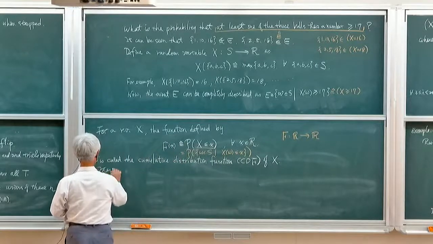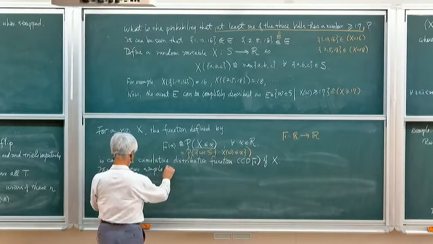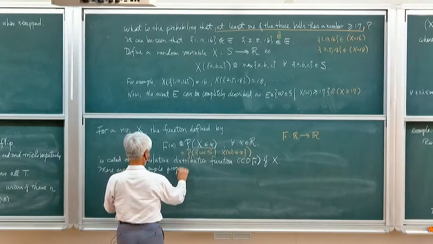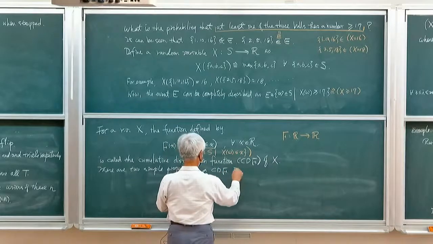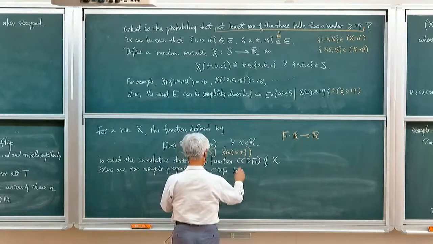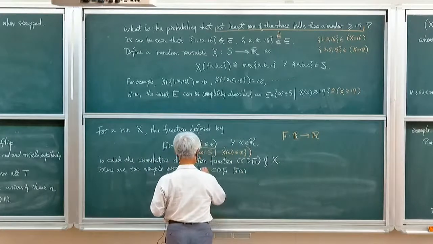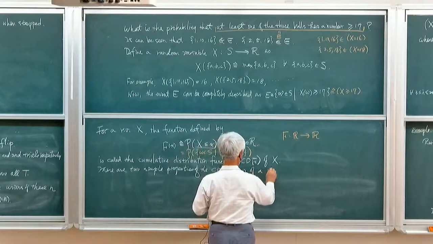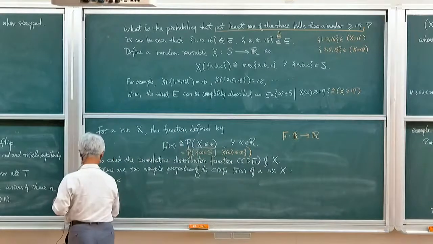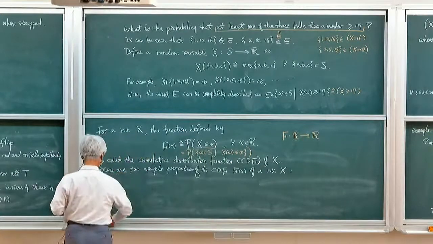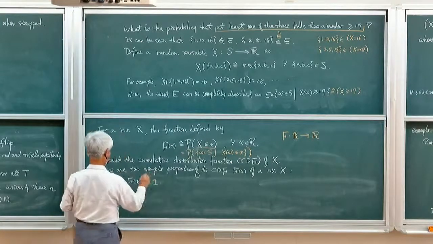Now there are two simple properties of a CDF F of x, the CDF of a random variable X. The first one is that the value of the CDF should be in between 0 and 1.